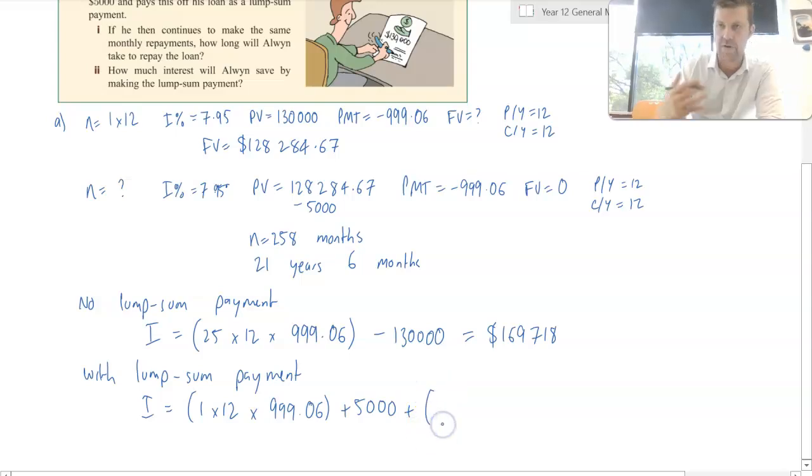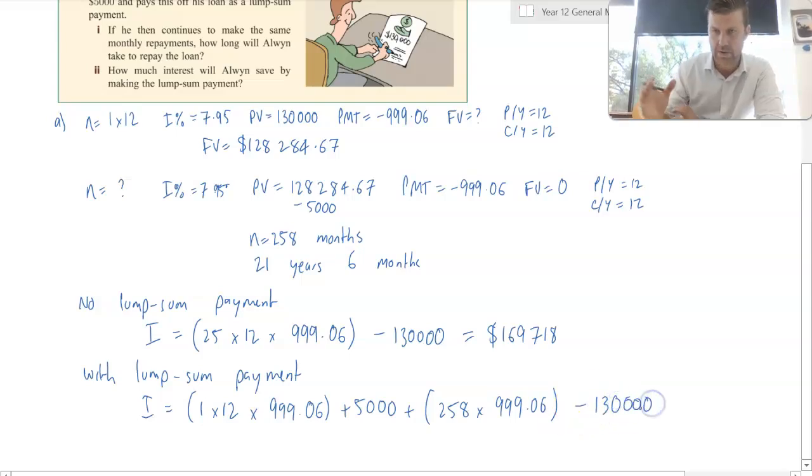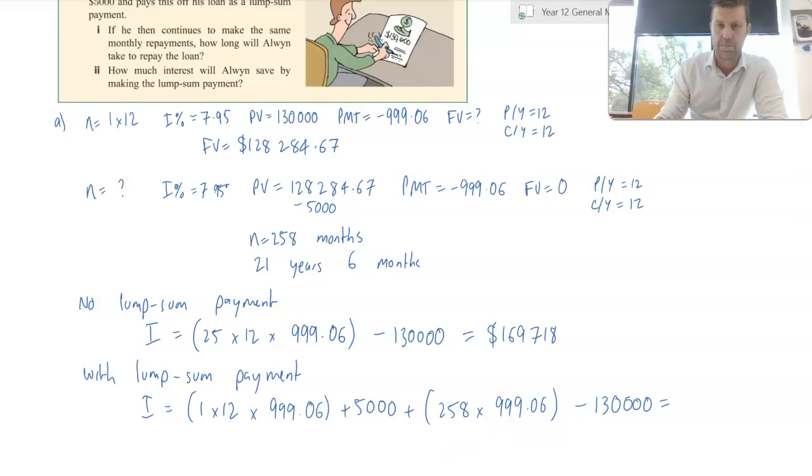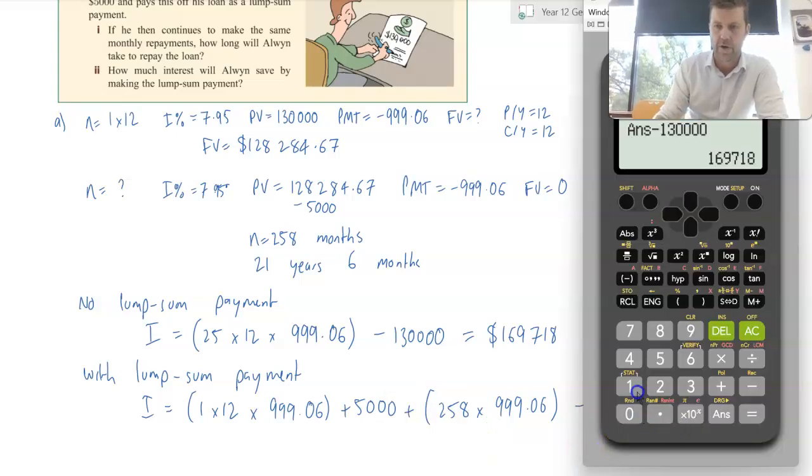Then he does another 258 months of the minimum payments. And of course, we're going to subtract the amount he borrows. Okay, so there's a lot to get your head around there. It may look a little bit complex, but that's how much interest he would pay in total if he made that lump sum payment. A year of the minimum repayments plus the lump sum payment plus the 21.5 years of minimum repayments again. So let's go ahead and throw that in.